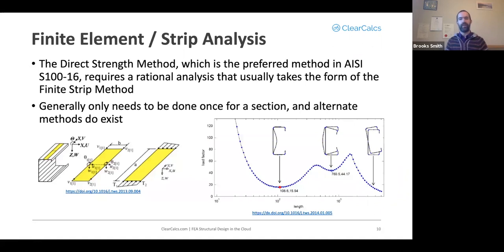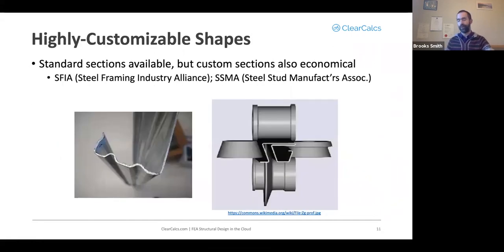Sometimes there are other analytical methods you could potentially use, but usually it's a finite strip method you're going to use. Generally, it only needs to be done once for a section, and there are ways to avoid it using some of the appendices in AISI S100, but we generally prefer to use the finite strip method. And I'll talk in more detail about it later in this webinar.